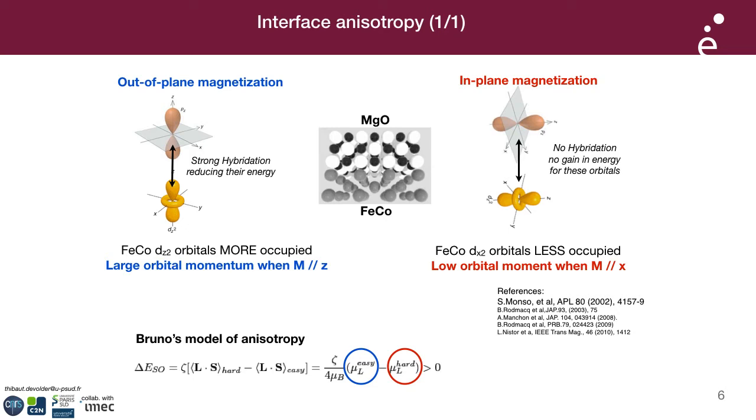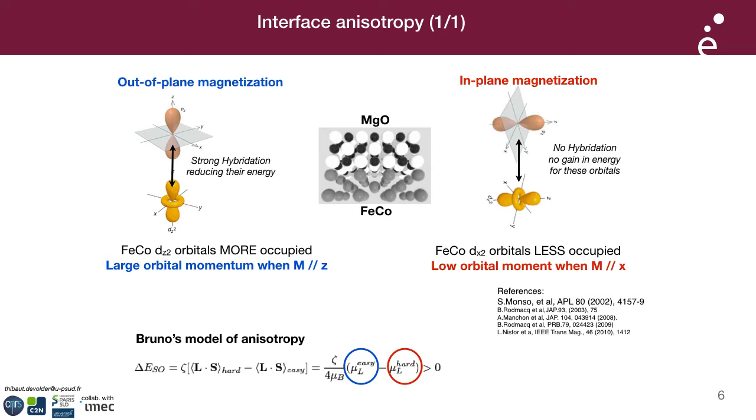The d orbitals of the iron-cobalt transition metals are in front of the p orbitals of the oxygen of MgO. And if you have the pz orbitals that are in front of the dz orbitals of iron-cobalt, and they point towards each other, then there will be a strong hybridization between these orbitals, which will reduce this energy.